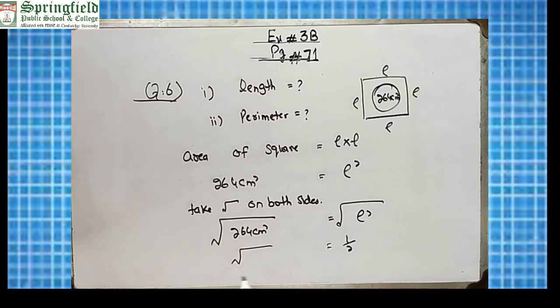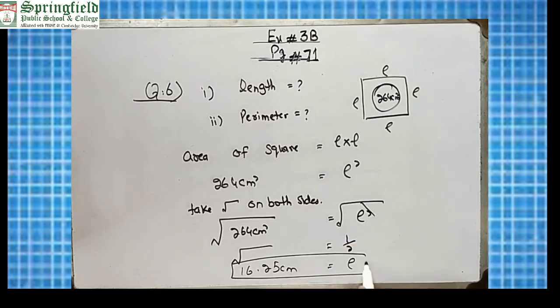So put the value of the square root and find out the square root of 264. We can find the square root of 264 by the prime factorization method. Fine. 64, 16.25 centimeter is equal to the length.